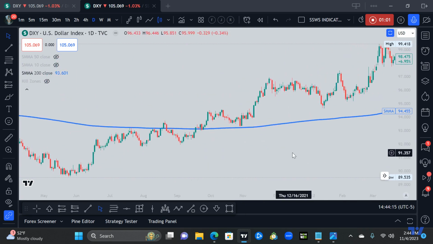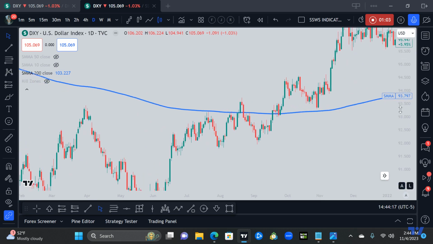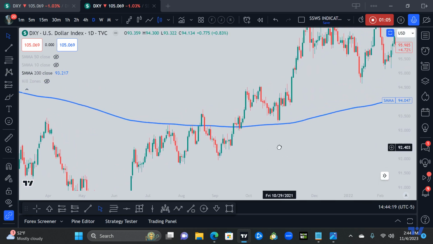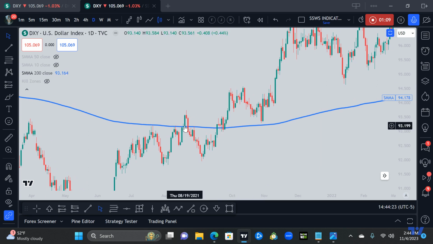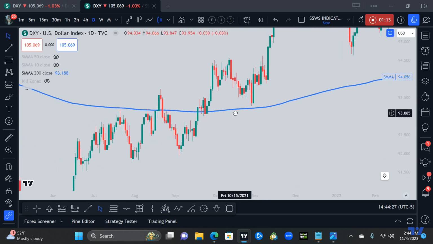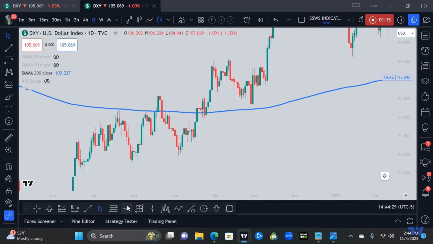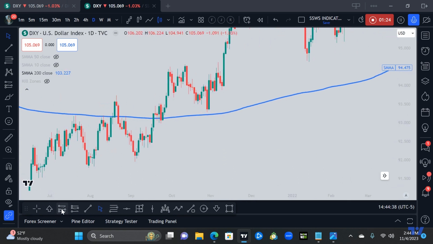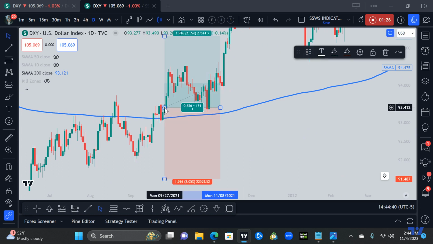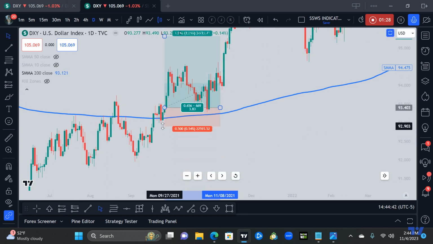A perfect example of how a moving average indicates a trade: you want to see two consecutive closes below or above the moving average. As you can see here, this is two closes above, so your trade would look like this. This is the 200.